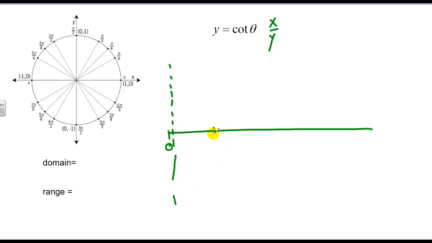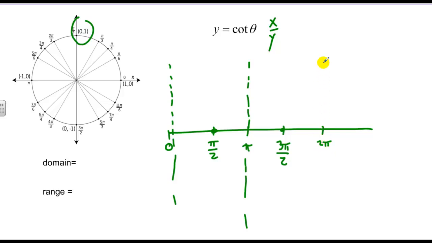If I go to pi over 2, I take my x over my y value, I get 0. Go to pi, x over the y value is undefined. 3 pi over 2 gets me a 0 value, and 2 pi puts me back in undefined.